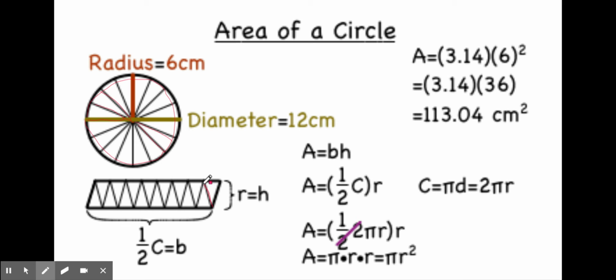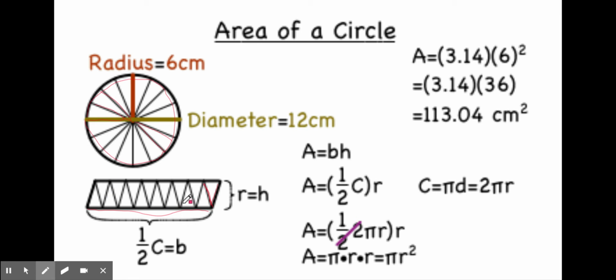So that's what they're figuring there. And then they're saying, hey, let's talk about this other side right here. Well, this is half the circumference right here, because the other half of the circumference is up here.